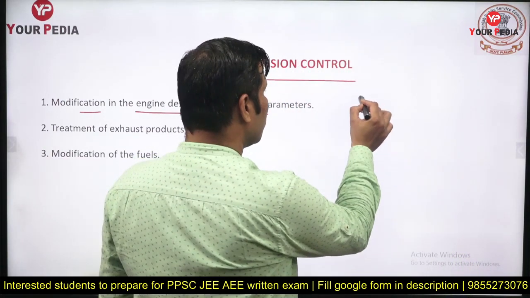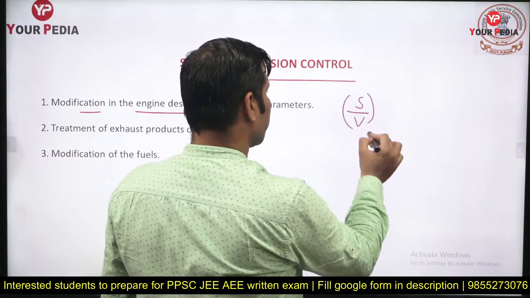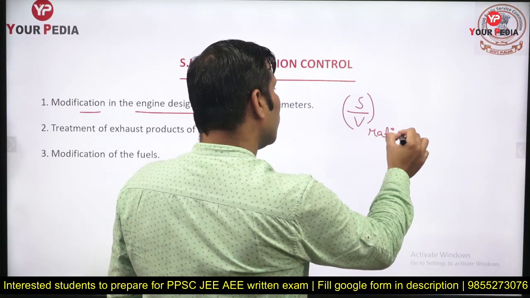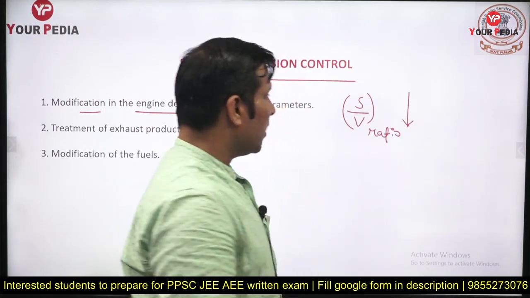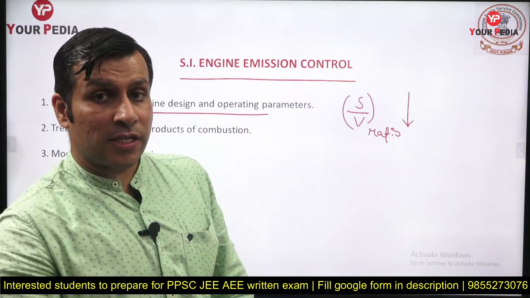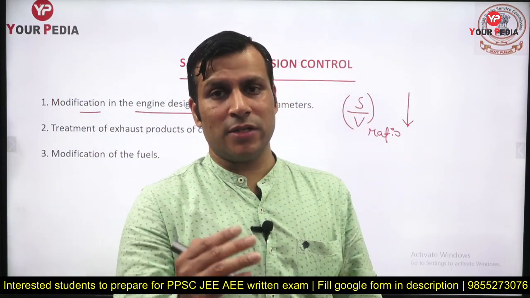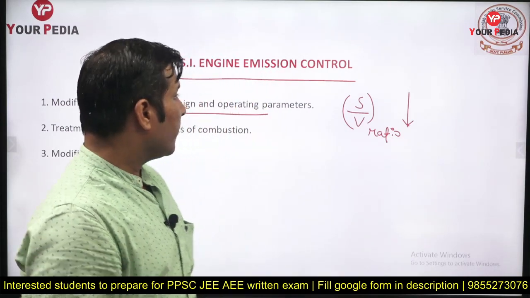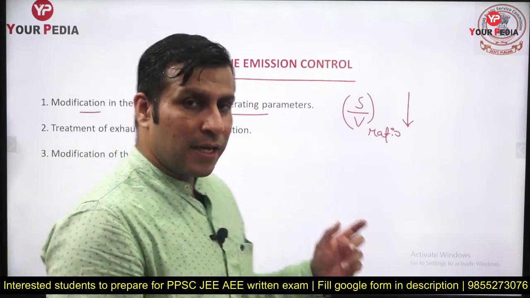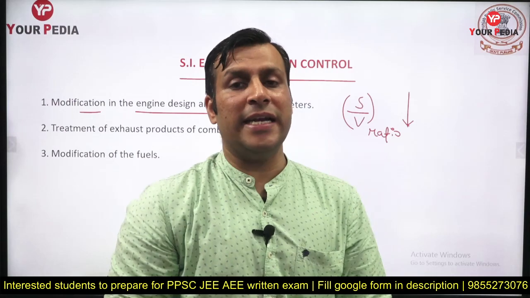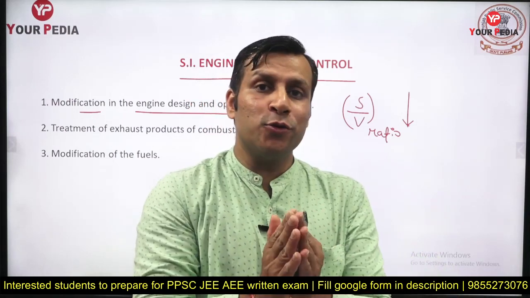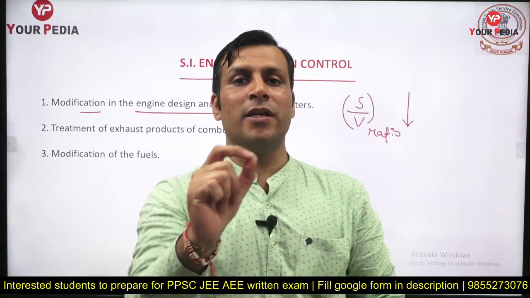Also, there is one term, surface area to volume ratio. This is also to be kept lesser. S by V ratio. So if the S by V ratio is lesser, then the combustion product emission will be lesser. Because if the surface to volume ratio is higher, then obviously the coolant losses, the heat transfer losses will be higher, and due to that, the fuel particles, when they are injected through some nozzle, will reach some wall.